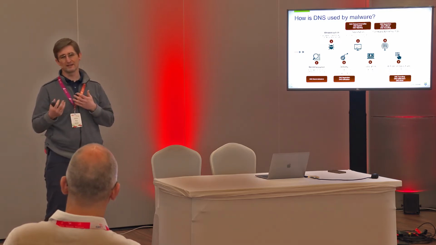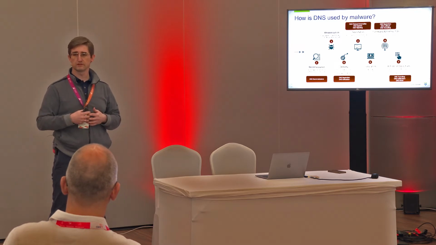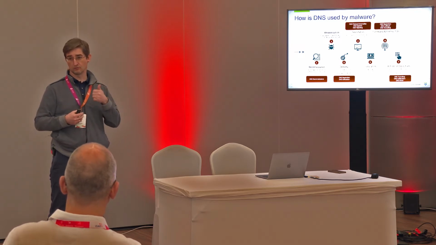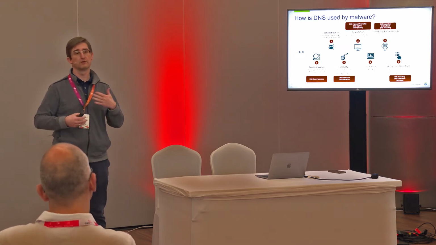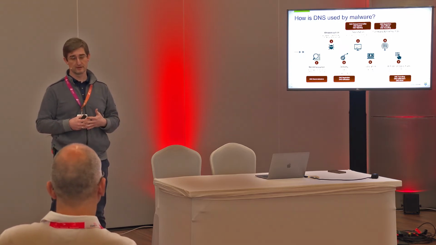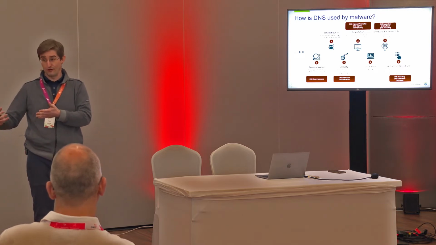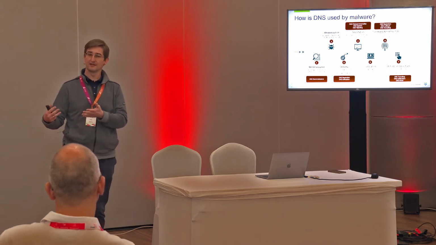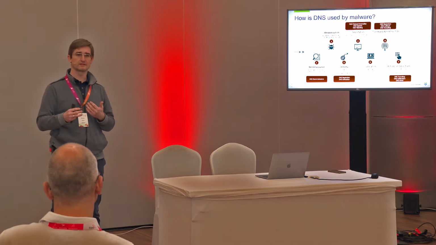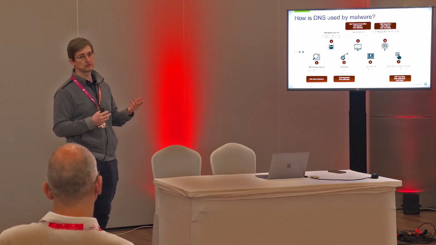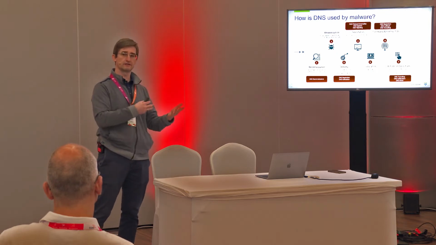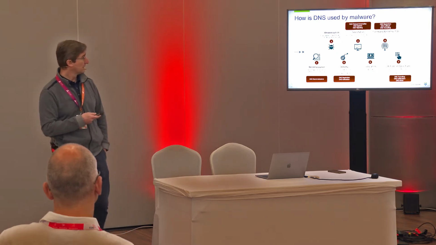And this is quite difficult to detect because most security solutions focus on web and email, right? Those are the most popular protocols on the internet. But there is this third protocol, which is also extremely popular on the internet, but fewer security solutions are monitoring that. So it's usually easier to stay undetected longer if the attacker is doing C2 over DNS.